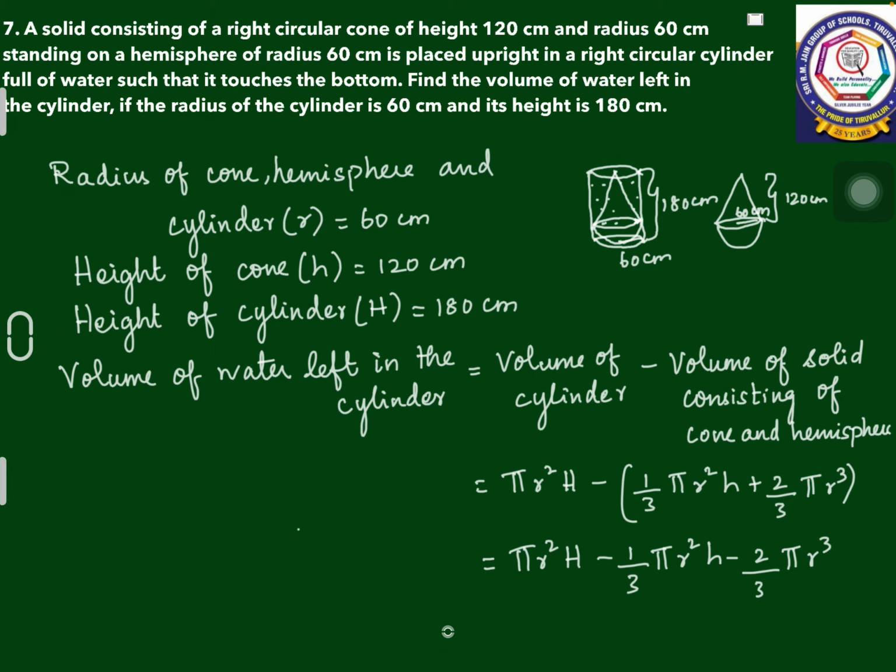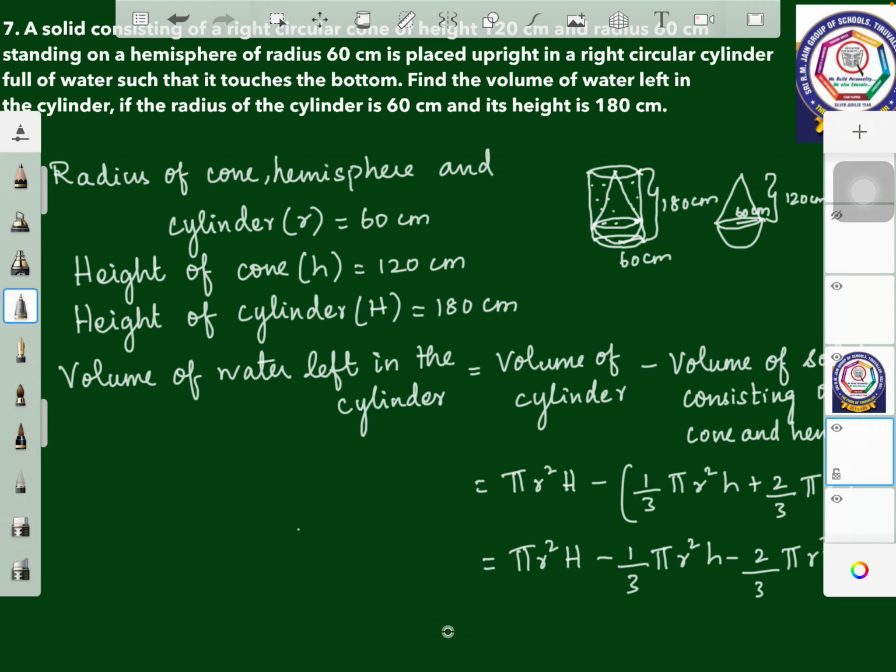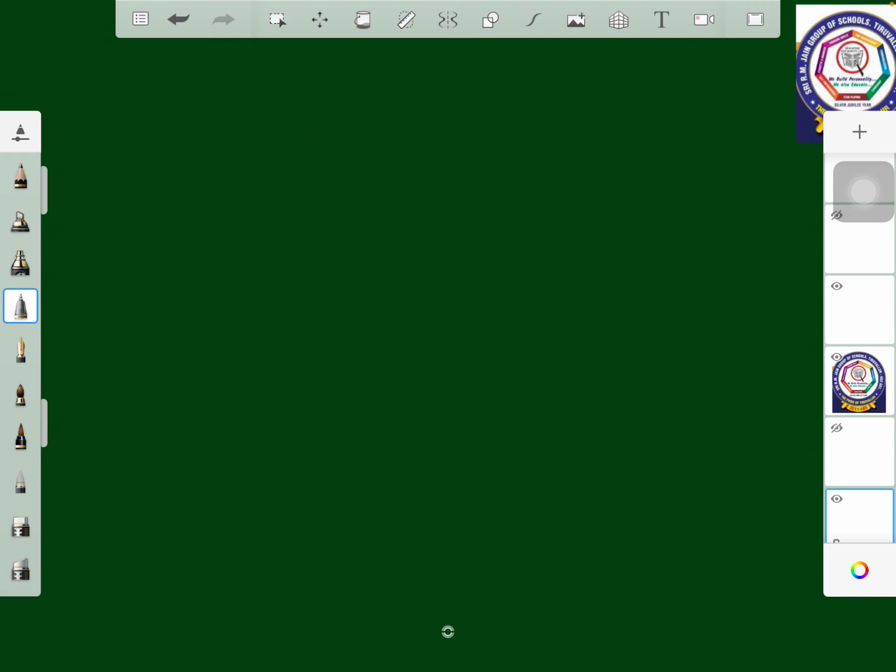And pi r squared can be taken common. What can be taken common outside? Pi r squared. So it is pi r squared into H minus 1 by 3 h minus 2 by 3 r.